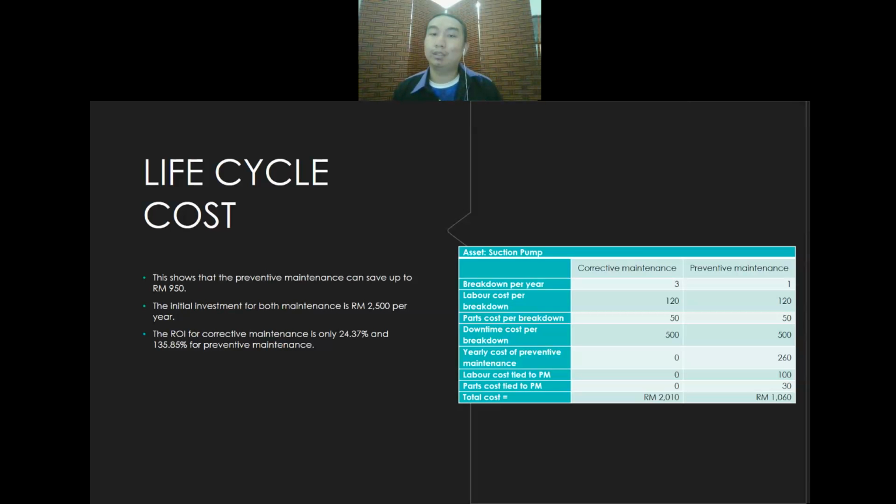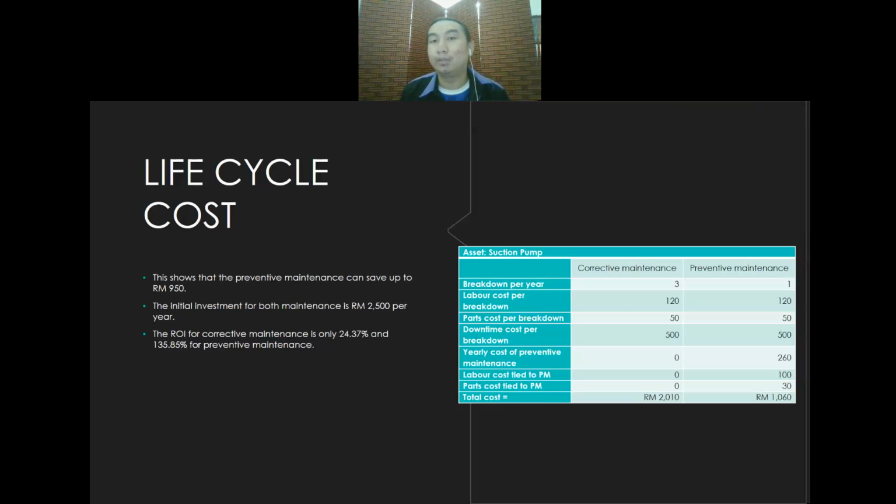Having calculated the total cost, for preventive maintenance, with 1 breakdown per year, it is 1060 ringgit, and the total cost for corrective maintenance, with 3 breakdowns per year, is 2010 ringgit.